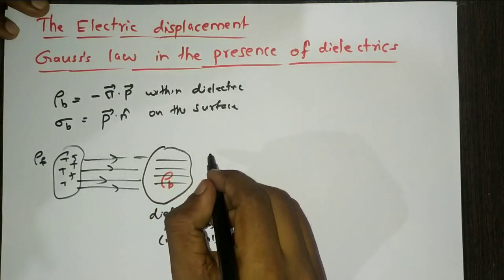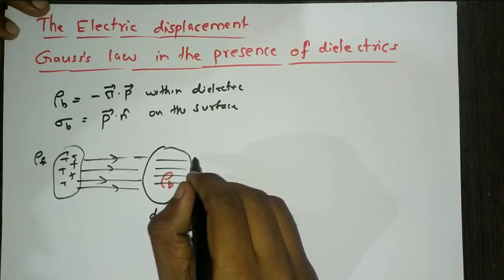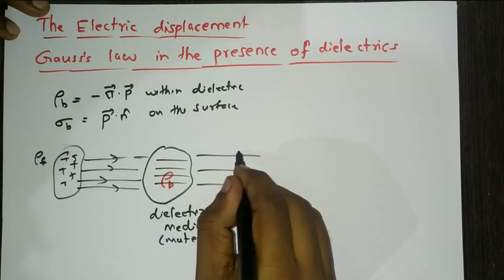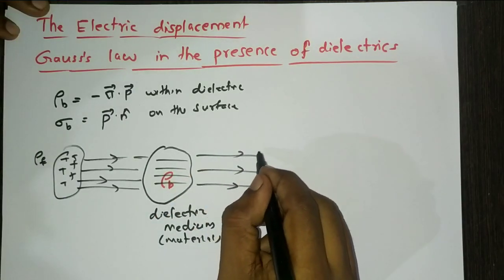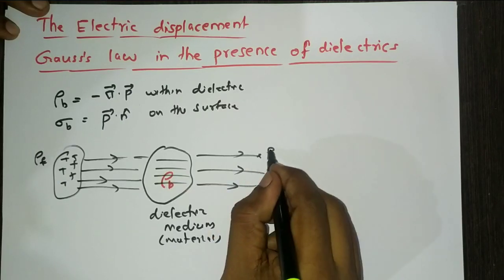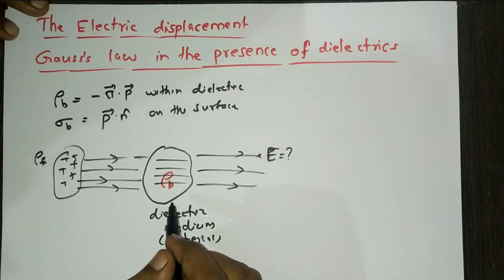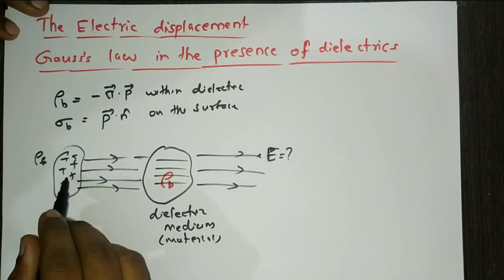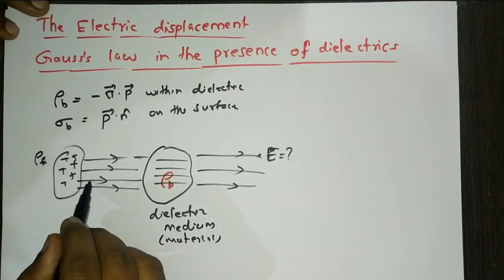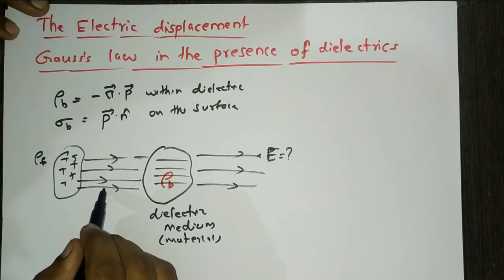And the electric field at this point, I need to find out the electric field. Here this rho f is the free charge. This free charge produces some external electric field.